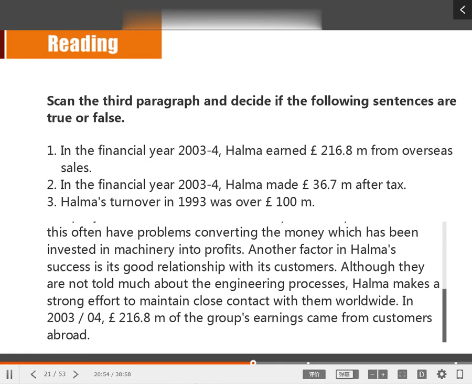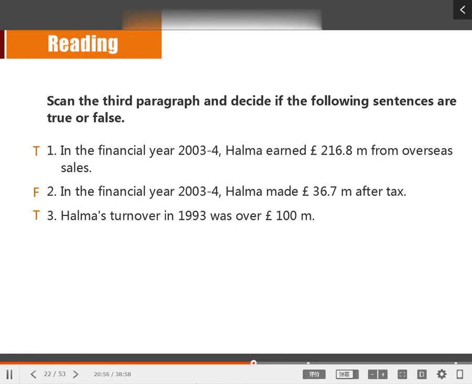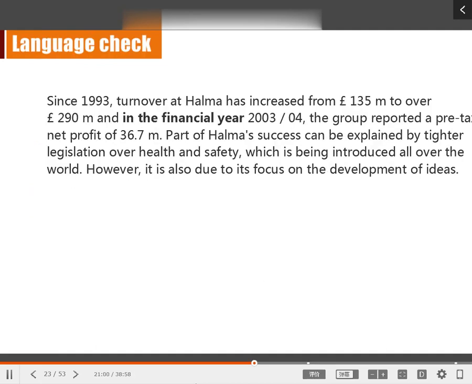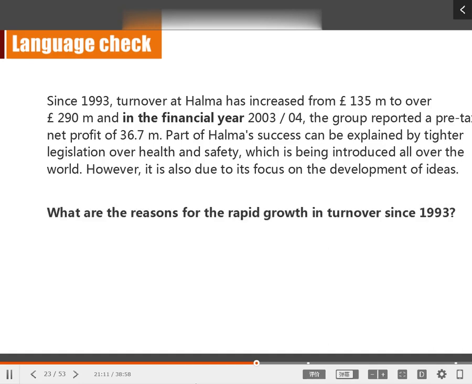Okay, now let's check your answers. Great. Now here, let's focus on the language points in this part. So here, let's read this part and answer the question. What are the reasons for the rapid growth in turnover since 1993?